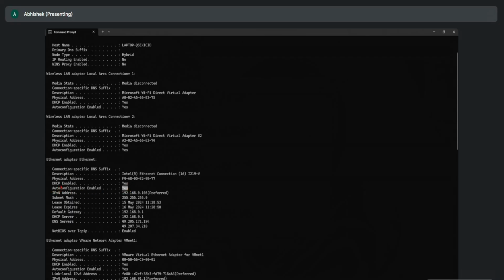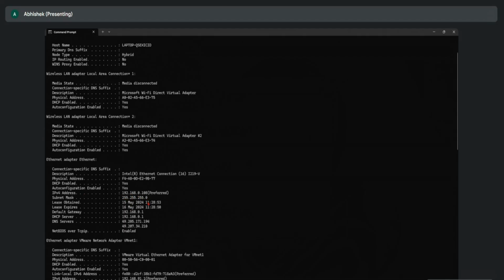So DHCP is in auto mode, that means the DHCP IPs will be assigned to me automatically from my Wi-Fi router. Okay. And then if you check here, the IPv4 address is 192.168.0.108, which is the preferred address. So this is what my DHCP has provided to me. But when I'm looking at my mobile phone, I see another IP, that is 192.168.0.150.